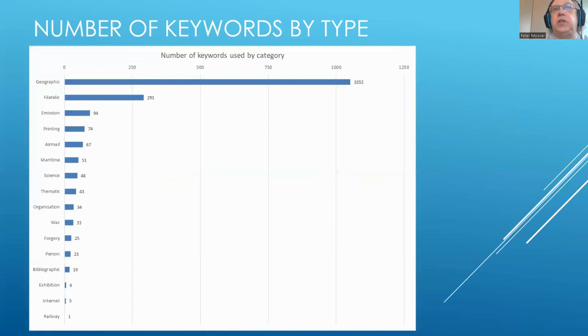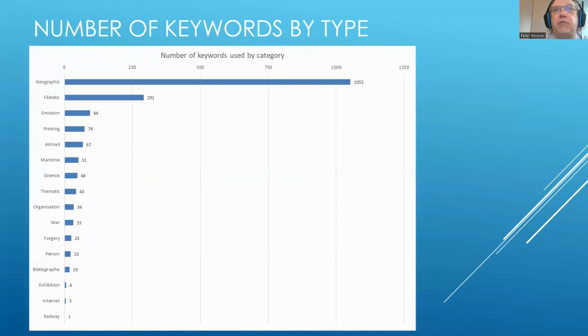For instance, one geographic concept is Lima, or Kingdom of Guatemala, not just Guatemala, because it refers to another, old-fashioned form of addressing a country. And there are 291 different philatelic concepts involved.